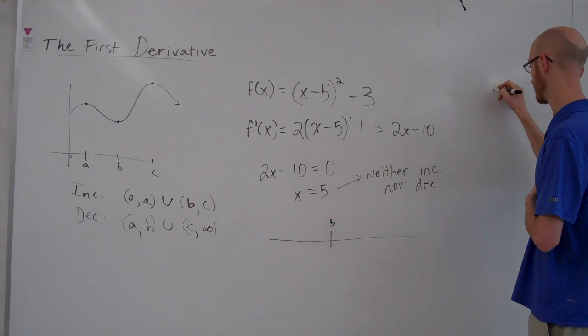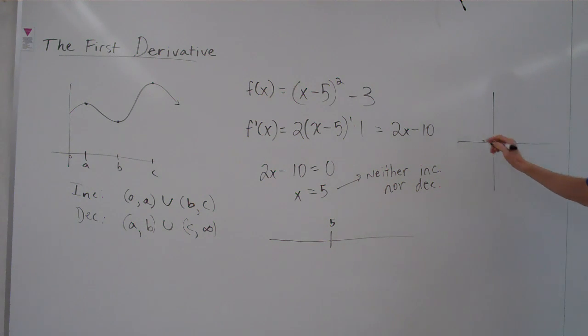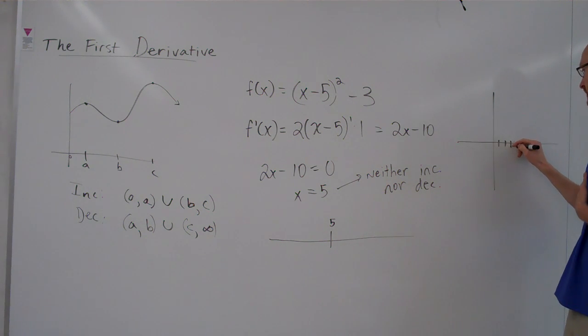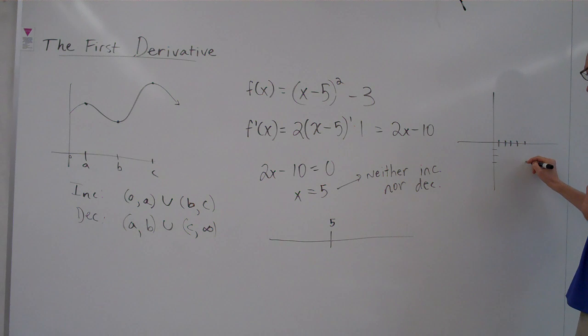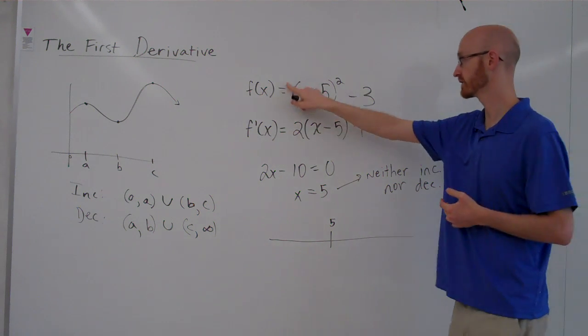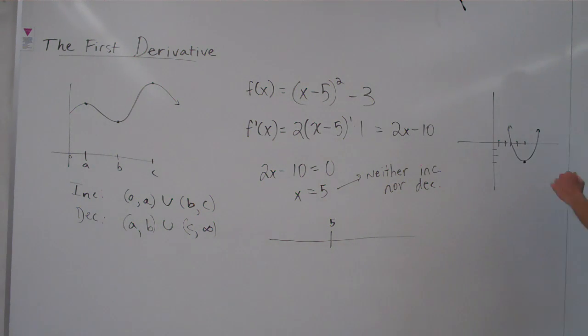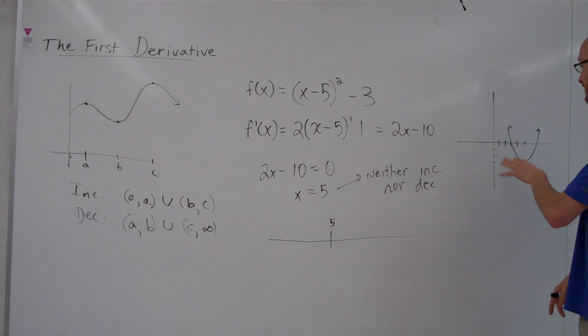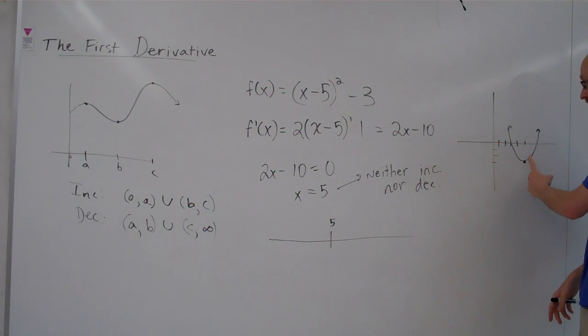And if you think about our function, we already said that that's a parabola with vertex (5, negative 3), and it's upward facing because the quadratic part of this is positive. So we should find that it's decreasing left of 5 and increasing afterwards.